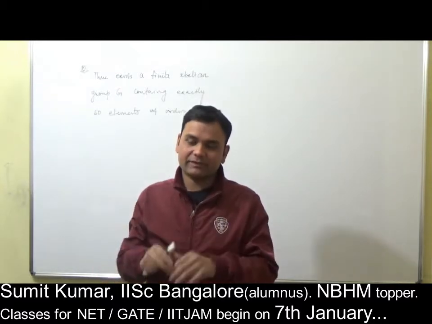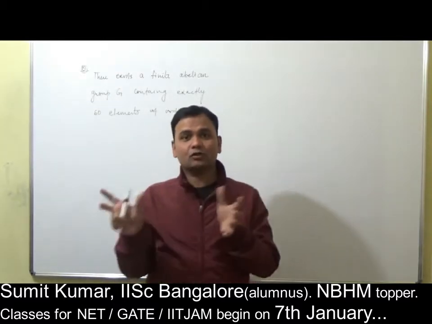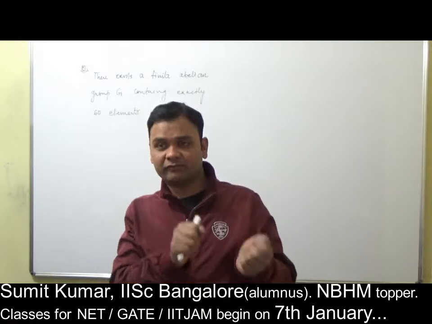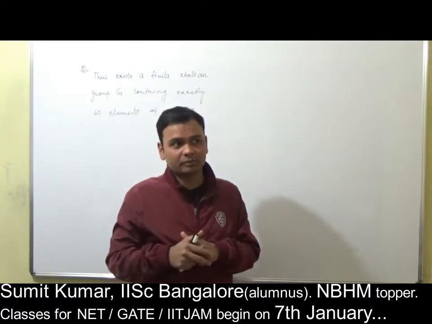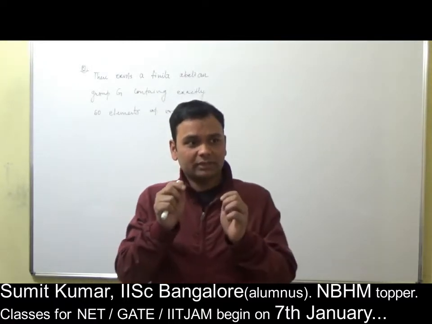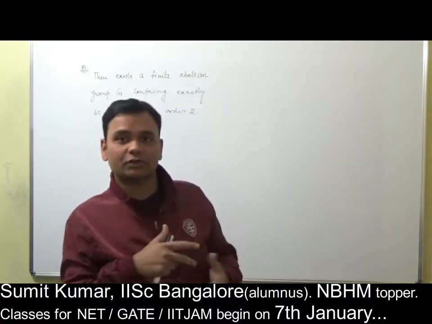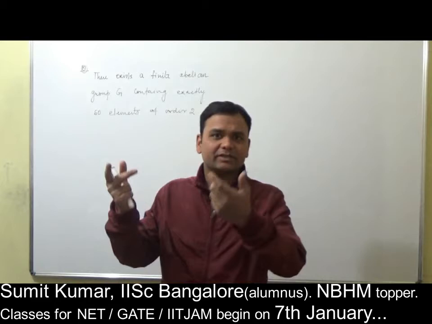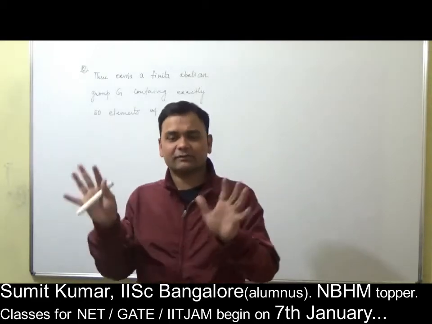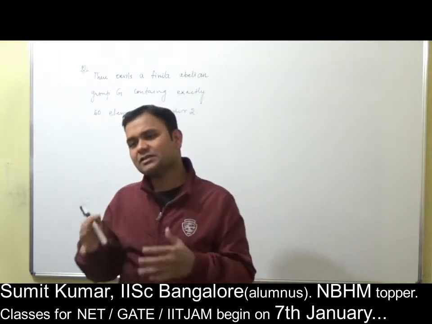And even more, if I say find a finite abelian group G such that the number of elements of order 2 is 60, let's say 30, whatever. So how to answer those questions?